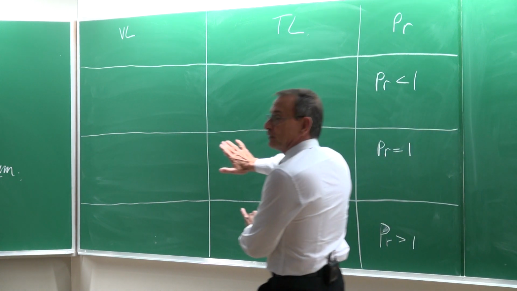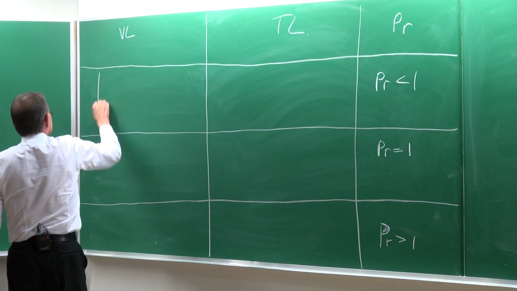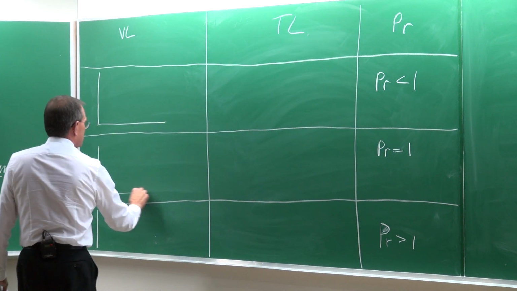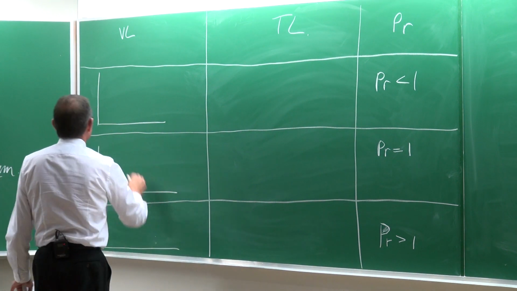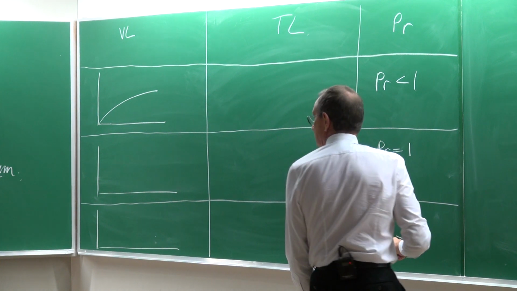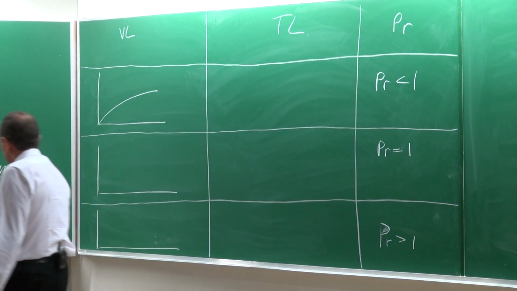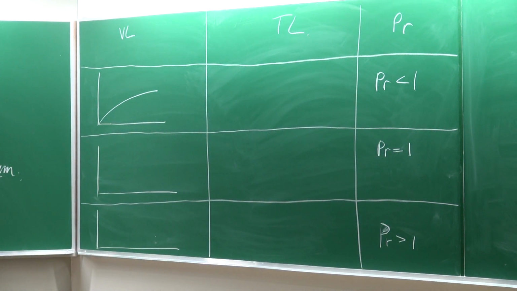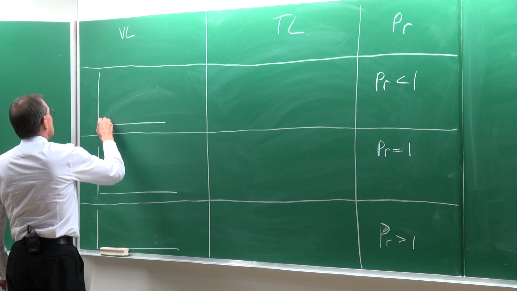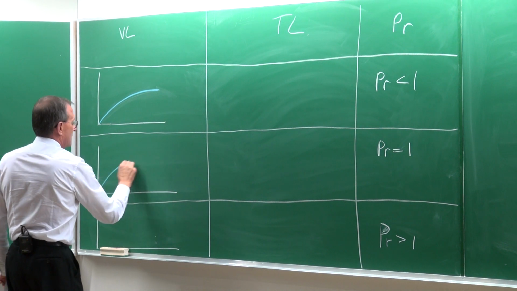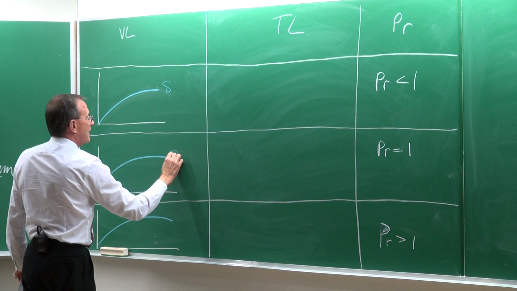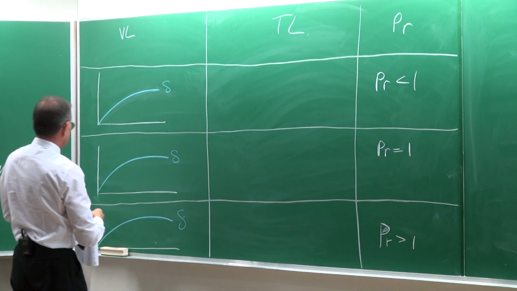Let's just look at fluid mechanics on its own. You've done it last year and we've revised it with a previous lecture. There will be a thermal boundary layer. Let's make it in blue. There's your thermal boundary layer, and that would be the boundary layer thickness.